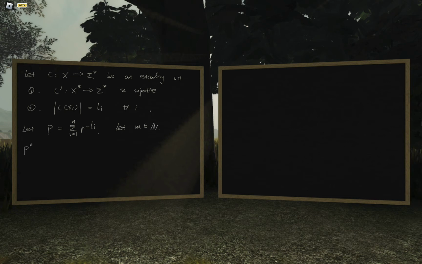Let's consider the power of M. Then we can rewrite this as a sum over i1, ..., iM. We just spell out this power.